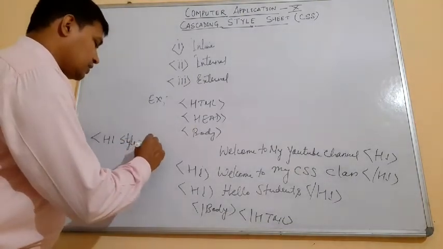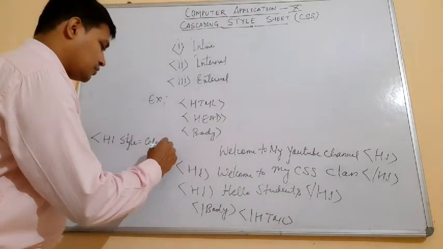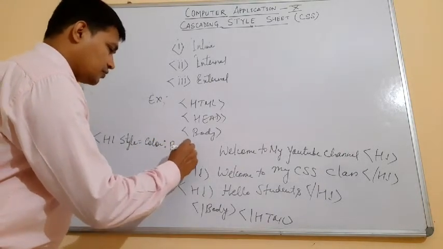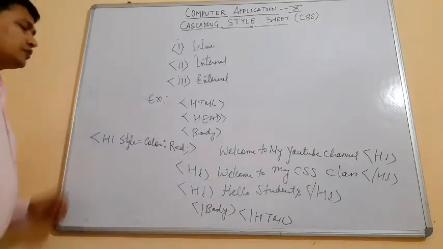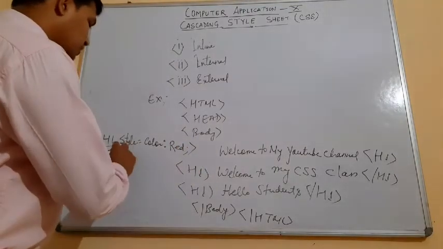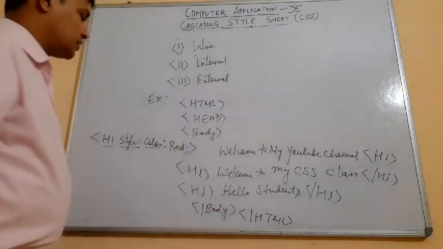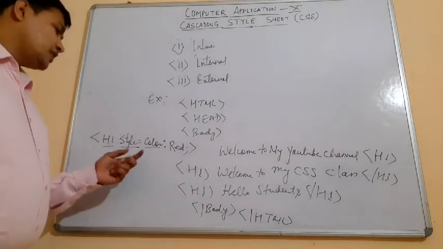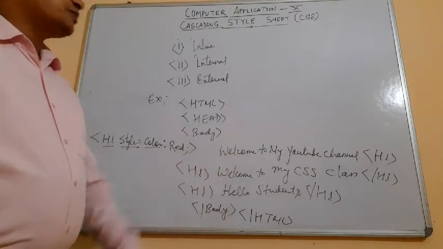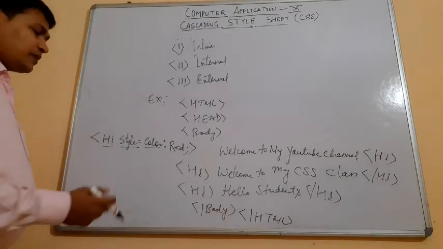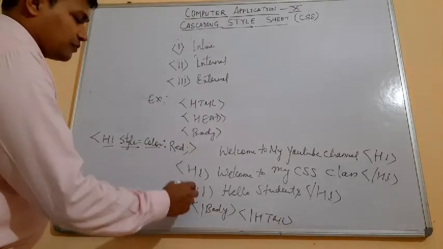For example, color equal to red. And after that, you have to close this. This means the H1 style color is red. It means the content of the H1 will display in red color. If you want to apply the same style, you can copy and paste here.